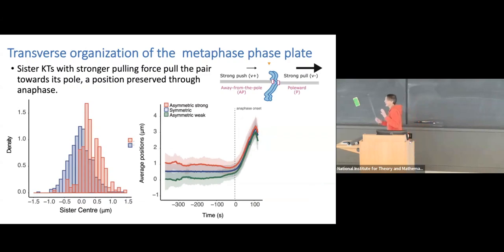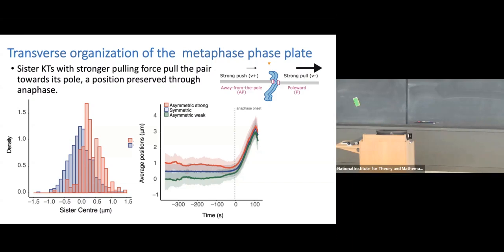If you think about it carefully, if you've got a pair of sisters and one pulls stronger than the other on average, it's going to pull it away from the midplane towards the spindle pole with the strongest kinetochore. So this is just the positioning of the kinetochores. You see it's pulled off center.